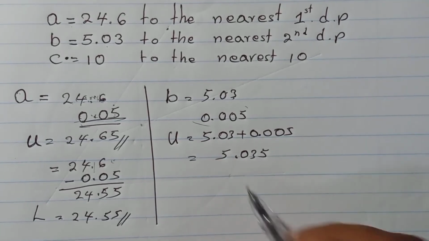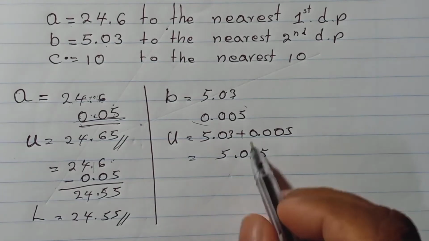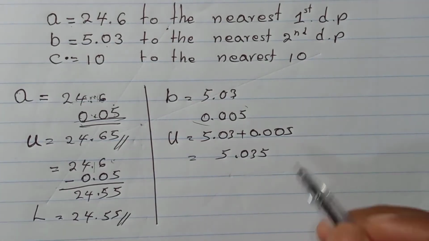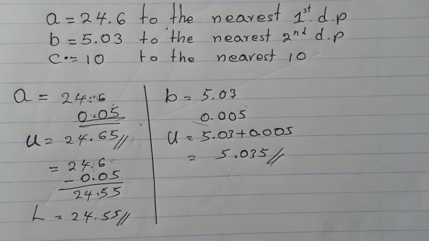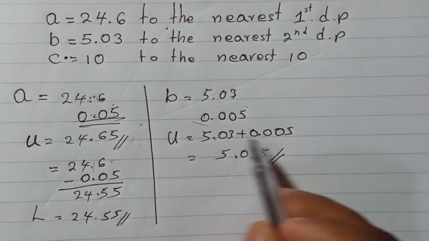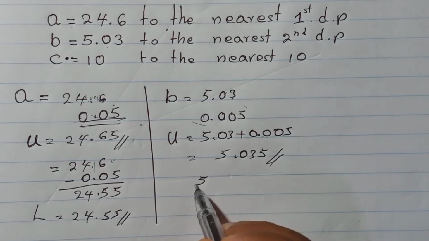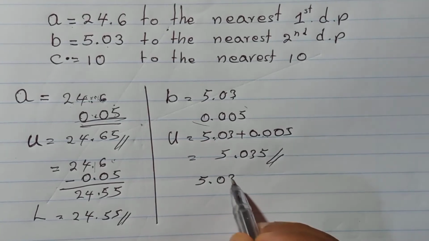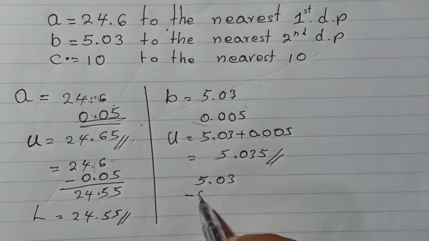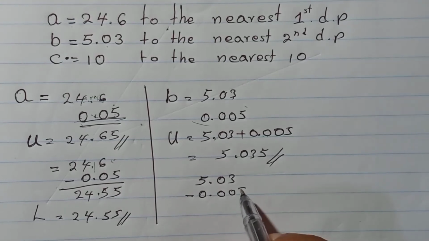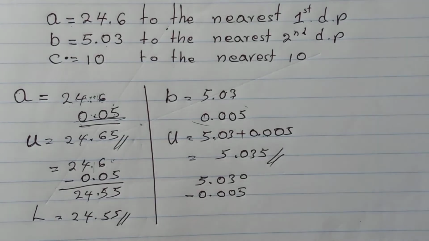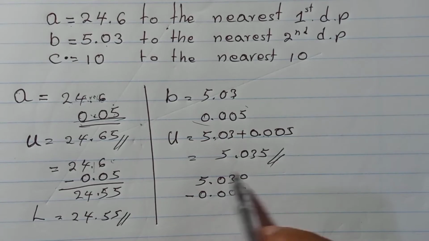You can use the calculator and get the answer if you need. This is the upper bound. How to get the lower bound? Again, from this you need to subtract this. Very simple idea. I will do it like earlier: 5.03 subtract 0.005. Here I will put the 0, then let's see, subtract, 1 comes to here.